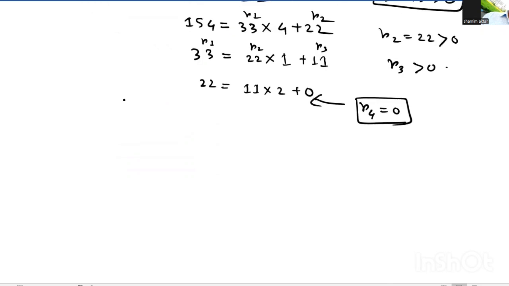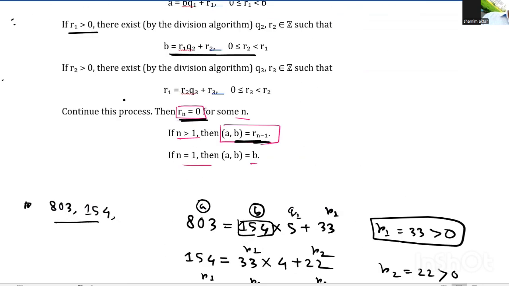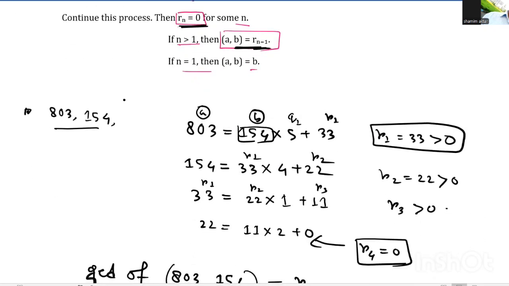So here the GCD of 803 and 154 equals r3, which is 11. So the Euclidean algorithm is used for finding the GCD of any positive integers in this process. Thank you.